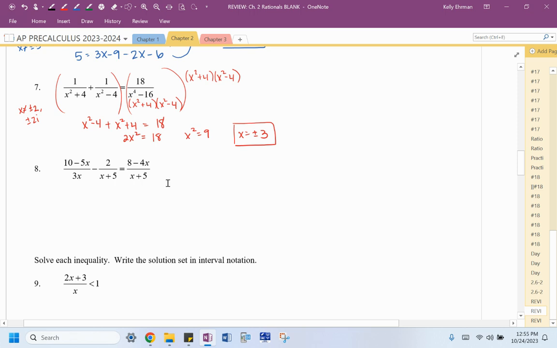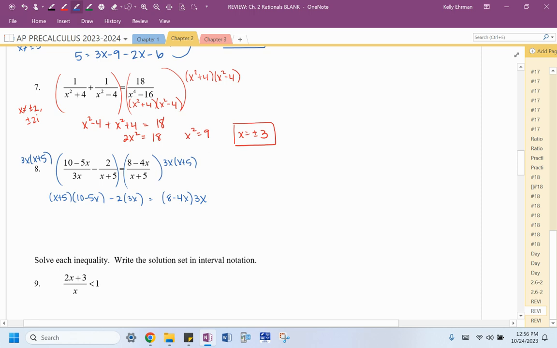All right, next one, we have x plus 5s and then 3x. So the common denominator is 3x times x plus 5. In the first fraction, the 3x's will cancel. So I've got x plus 5 times 10 minus 5x, minus 2 times the x plus 5's will cancel, 2 times 3x, equals 8 minus 4x times 3x.